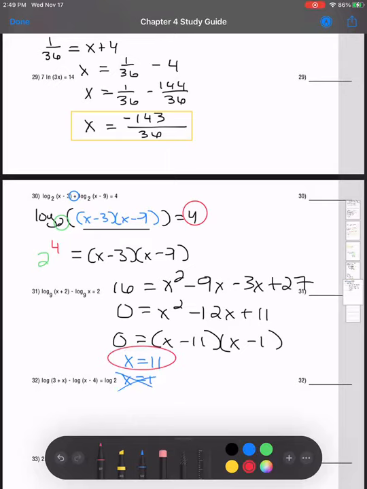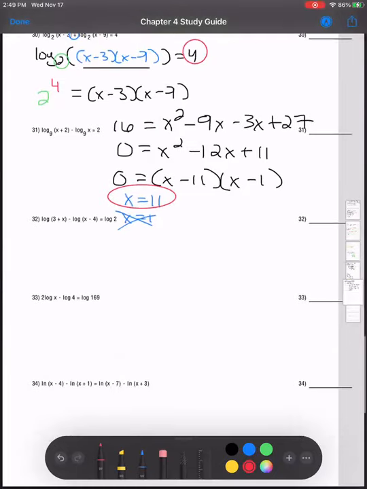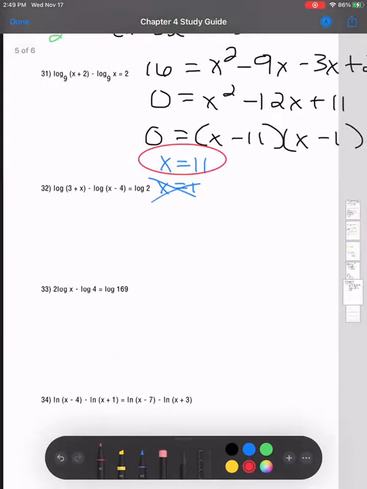Okay, and then 33 is also solve the logarithmic equation, and this time it is 2 log x minus log 4 equals log 169. So first thing we're going to do is rewrite it. We're going to put that 2 as the power for x.